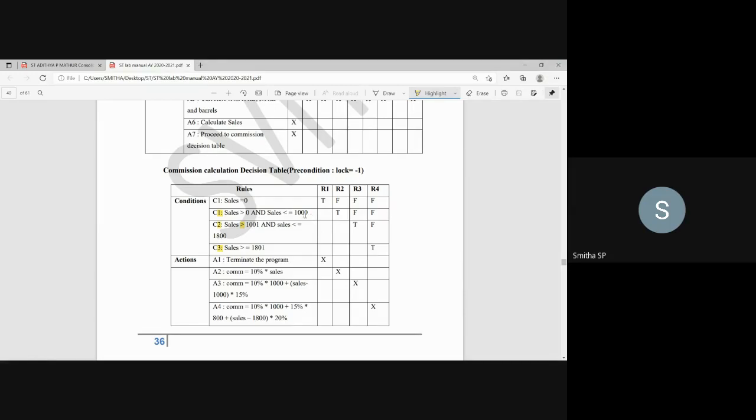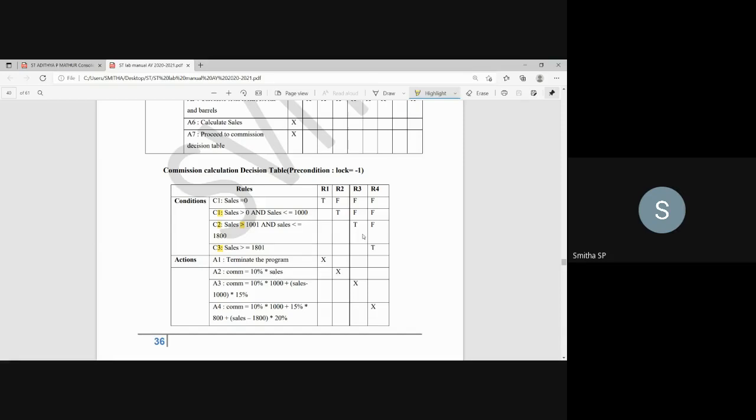If the sales value is within this range, then the commission should be 10%, right? For that the second action, A2, is marked. So commission is equals to 10% of the sales.